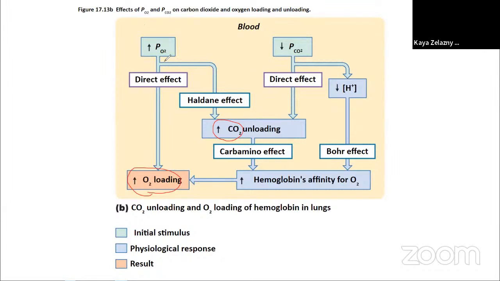Another effect of that increase in oxygen is that we have this trade-off between oxygen and carbon dioxide. So we have low carbon dioxide, and we're increasing carbon dioxide unloading. So functionally, we're decreasing the carbon dioxide.